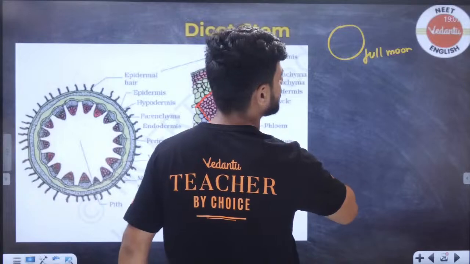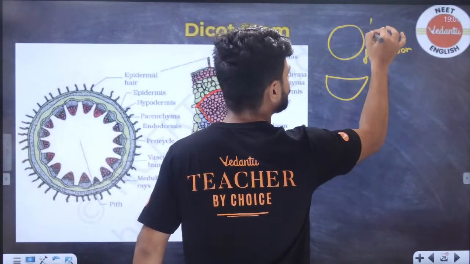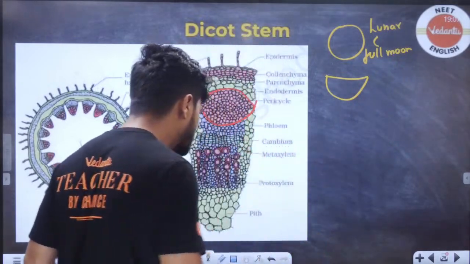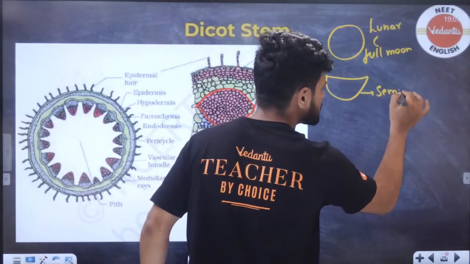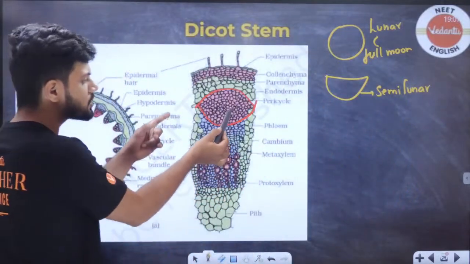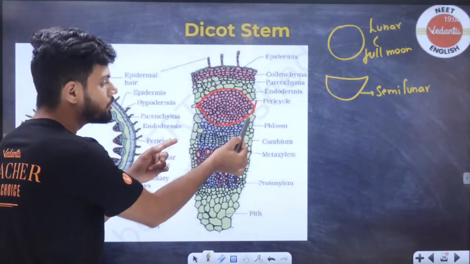Okay, Purnima. Now, what if there is half moon? Full moon is called as lunar. Can I tell half moon can be called as your semi-lunar? Now, if you look at the shape of your pericycle, it is semi-lunar shape.